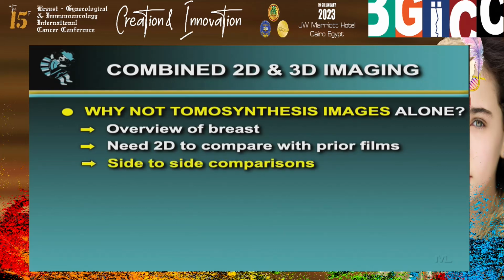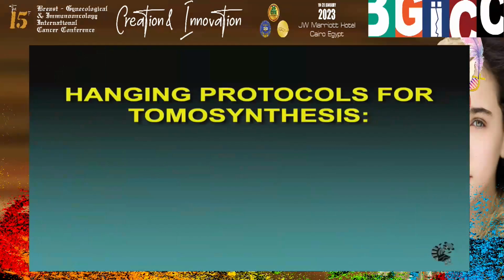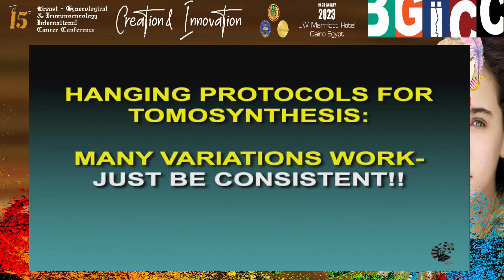And we need to do a side-to-side comparison of our 2D images from right to left, and we need to compare to any possible calcifications because we get a nice superimposition on the 2D, allowing us to see an entire cluster instead of just individual calcifications on various slices. Now, to do this, we have to have a very well-organized screening protocol, a hanging protocol, and you can do this a variety of ways. Just be consistent. Be consistent.